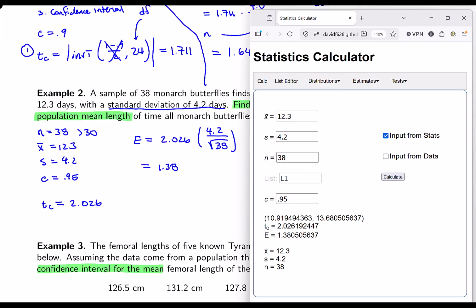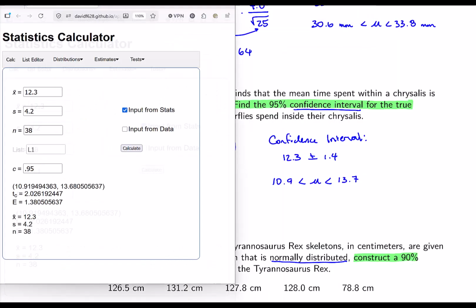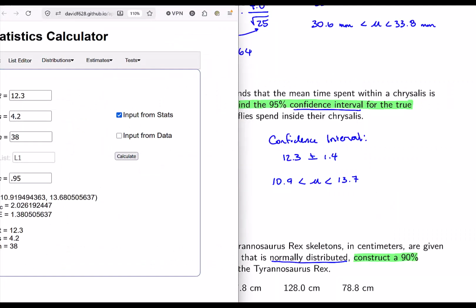So what we come up with then are just the endpoints of the interval, which hopefully match what we had here previously, and they do. So 10.9 and 13.7.